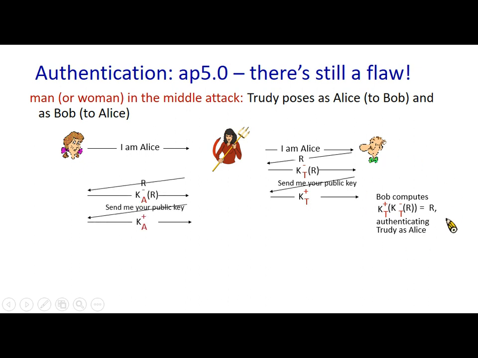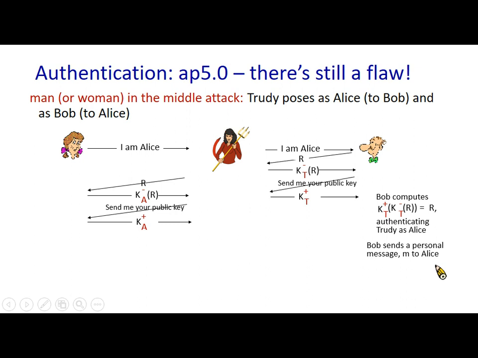So Trudy gets this information from Bob, then sends R to Alice. Alice understands all she hears is from R. She thinks the information is from Bob, but actually it's from Trudy. So Alice sends her private key or private R, and the same public key. Alice also sends the public key of R to Trudy.